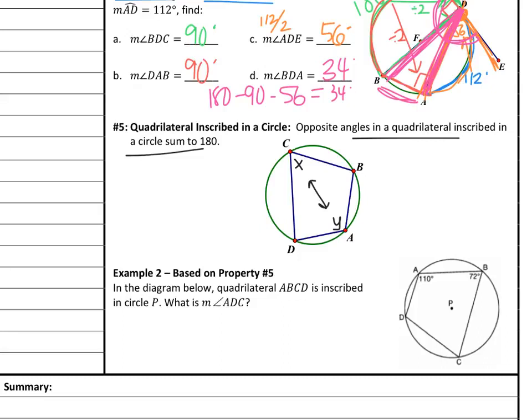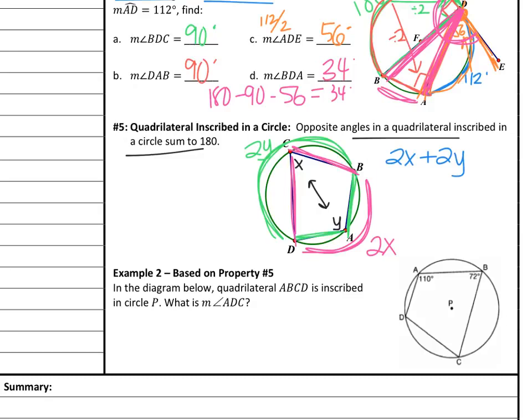So if this is angle Y right here, BAD, and it opens up to this arc right here, then I'd have to multiply to get 2Y for the arc's measure, because an inscribed angle is half of the arc. Same idea with angle X opens up to this arc over here, BAD, multiply by 2, and it gives me 2X. So what we're saying is that 2X plus 2Y equals 360, right?